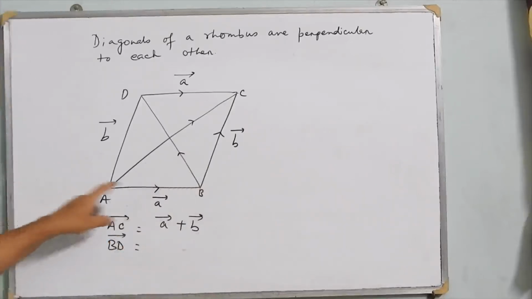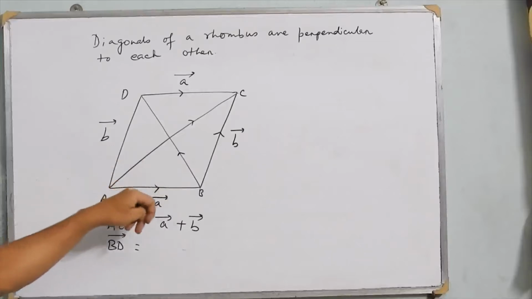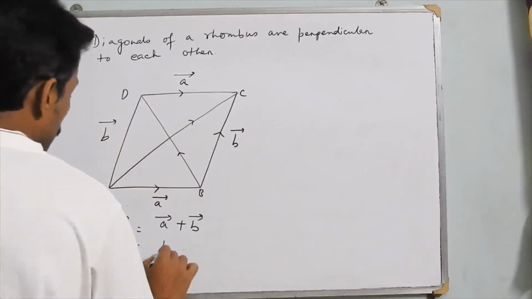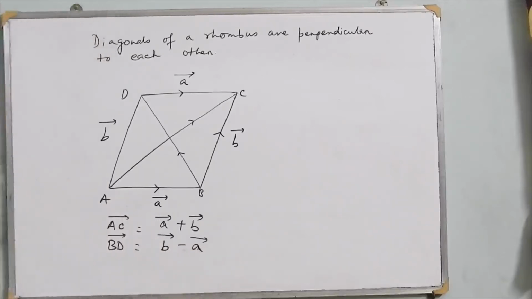Now in triangle ABD, if you use triangle law of vector addition, you will get A vector plus BD vector is B vector. So obviously BD vector will be B vector minus A vector in this triangle ABD.